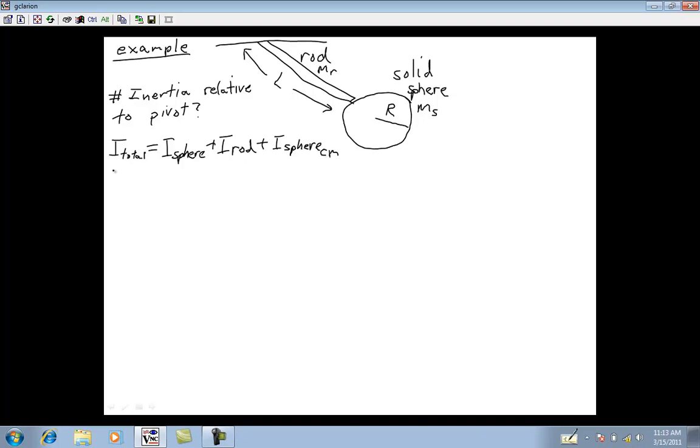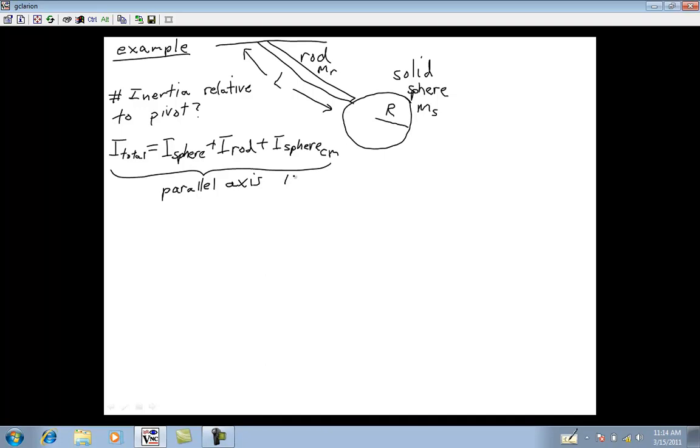So we're applying the parallel axis theorem here. So I sphere is just going to be mr squared, but including the radius too.